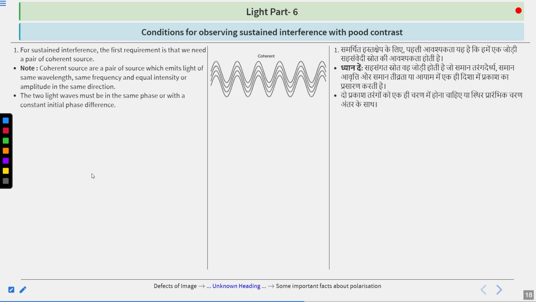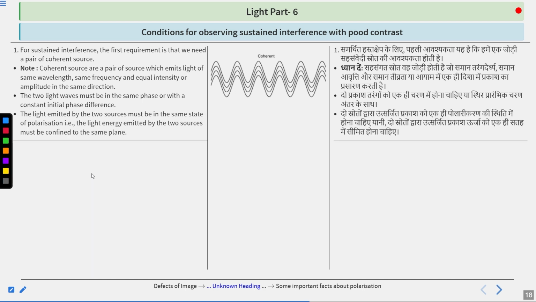The two light waves must be in the same phase or with a constant initial phase difference. The light emitted by the two sources must be in the same state of polarization. Therefore, the light energy emitted by the two sources must be confined to the same plane. Then only we could go with the coherent source of light.